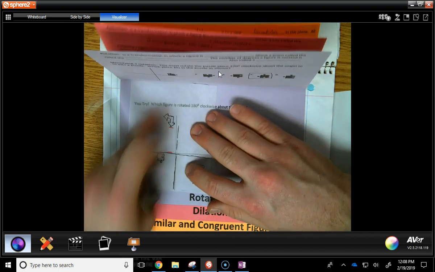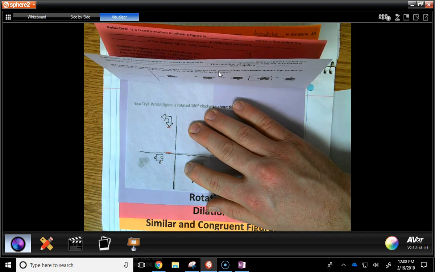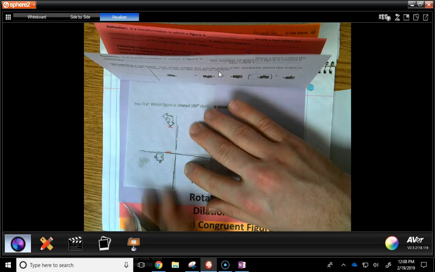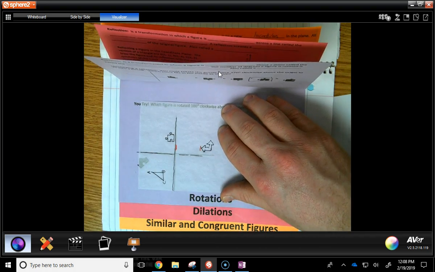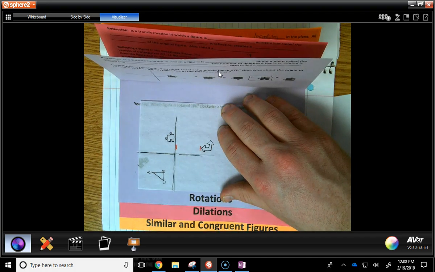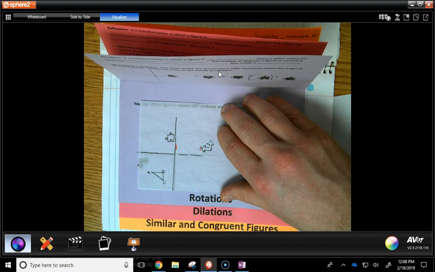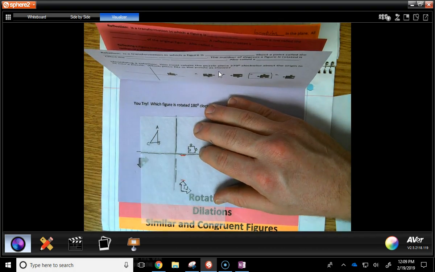The only difference is after one turn, it's that distance from the x-axis. On 2 turns, it's still from the y-axis, but it changes if the x was positive or negative. It's now positive. When I go 3 turns, it's now from the x-axis.